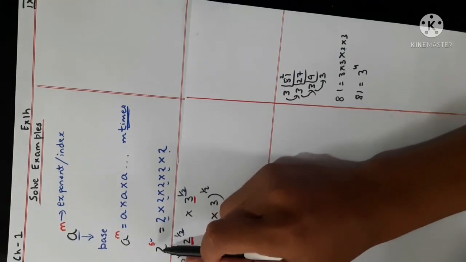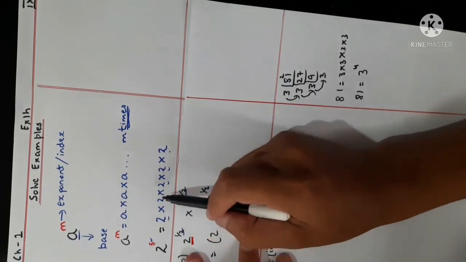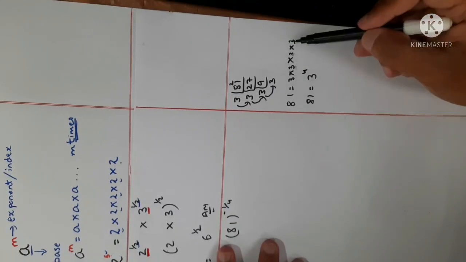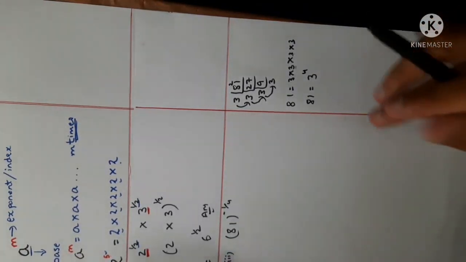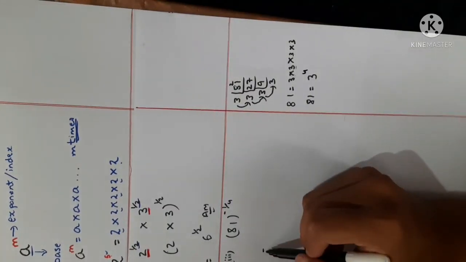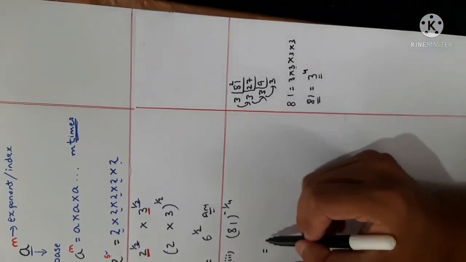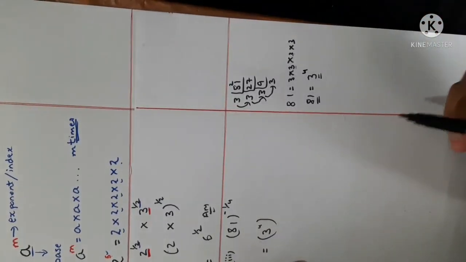Previously we have defined it. When we raise any number to the power 5, we multiply it 5 times. So here we have to multiply it 4 times. So we raise 3 to the power 4. So in place of 81, we write 3 to the power 4.